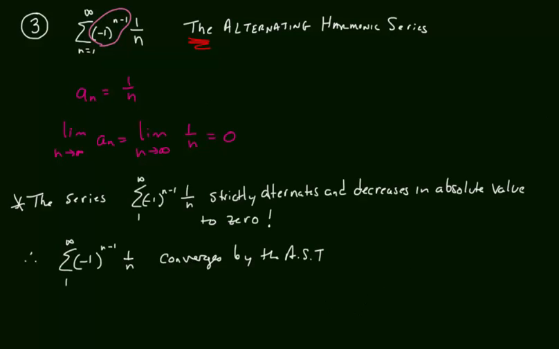Now, this may cause some controversy and some confusion. We know that the sum from 1 to infinity of 1 over n is called the harmonic series, and the harmonic series diverges. But now we add this alternator that makes it strictly alternate, and then suddenly this series converges.